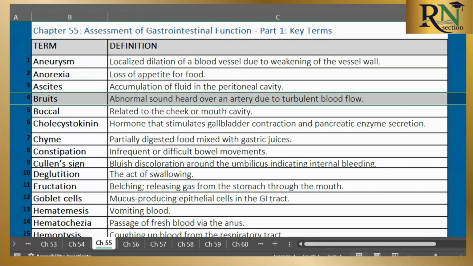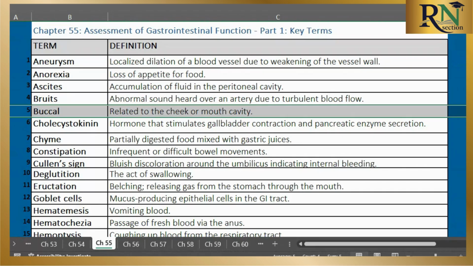Bruit: an abnormal sound heard over an artery due to turbulent blood flow. A bruit is like a whoosh, whoosh sound. Buccal: related to the cheek or mouth cavity.